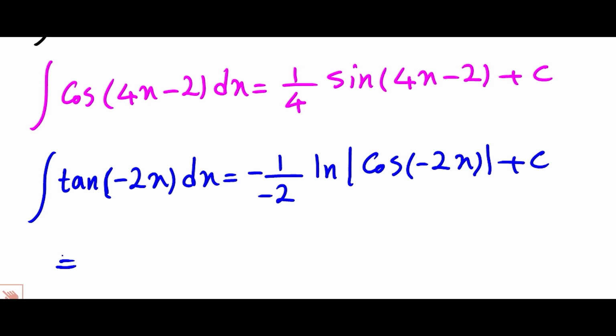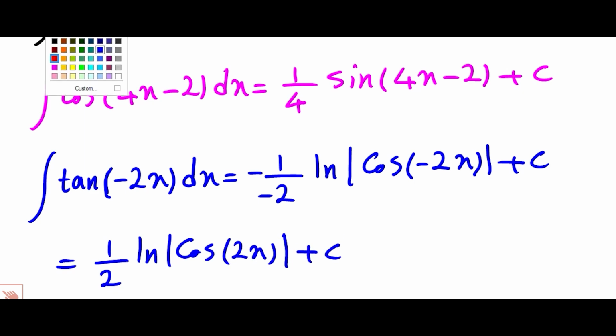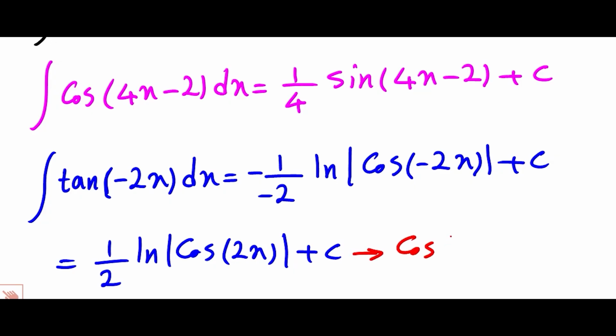So we have the final answer is 1 over 2 ln of the absolute value of cosine of 2x plus c, because we know that cosine of negative x equals cosine of x.